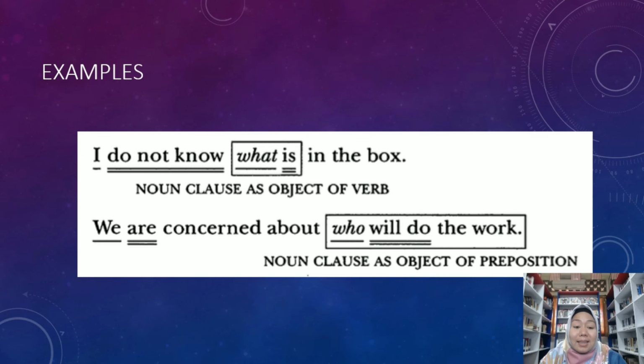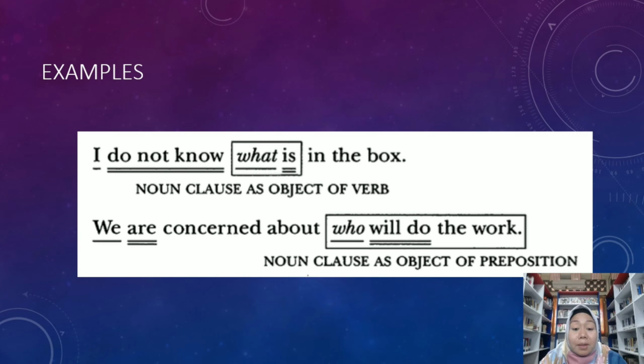Okay, let's take a look at the examples, guys. The first one is, I do not know what is in the box. If you see here, we have a connector followed directly by a verb. So we don't have any subject here because the connector also functions as the subject of the clause.